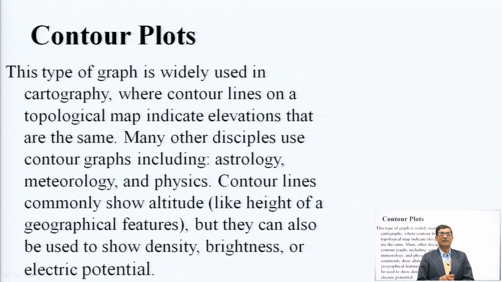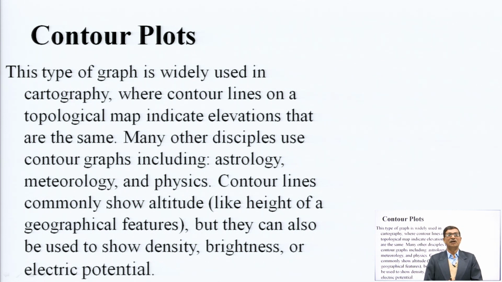This type of graph is widely used in cartography, where contour lines on a topographical map indicate elevations that are the same. Many other disciplines use contour graphs, including astronomy, meteorology and physics.